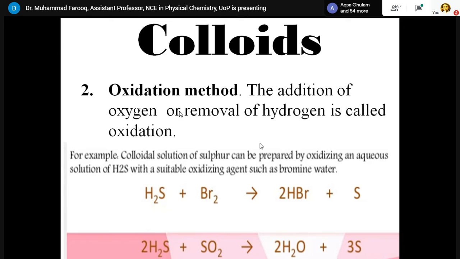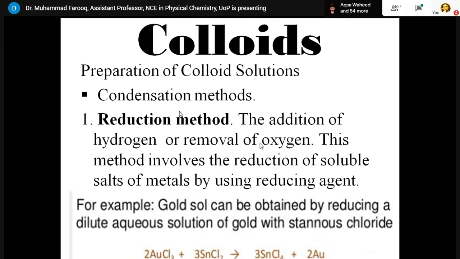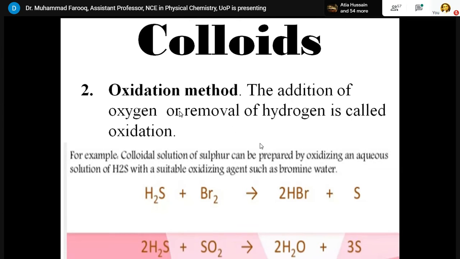So this is called the oxidation method. So the first one is reduction, and the second one is oxidation. The chemical agent is used to oxidize the material, for example, H2S. Is this clear or not?